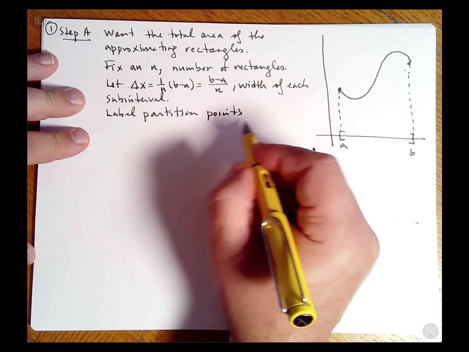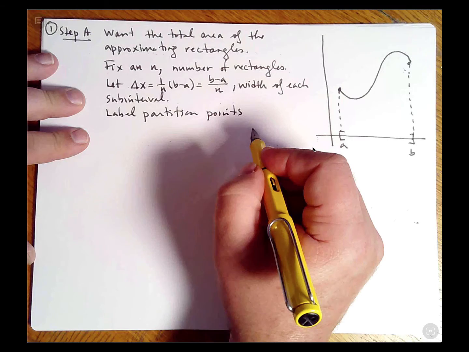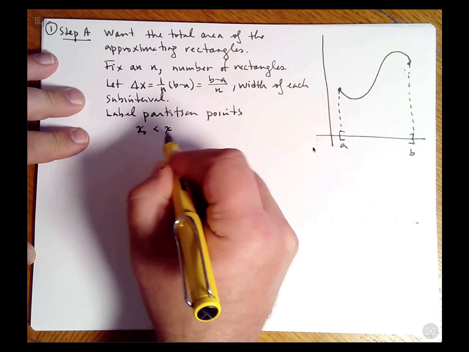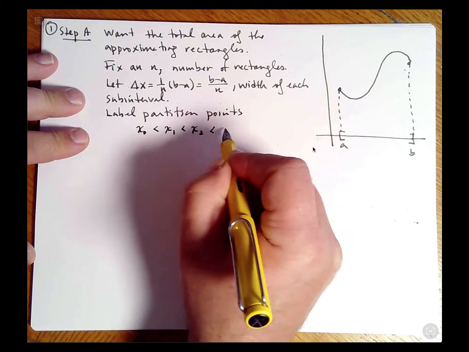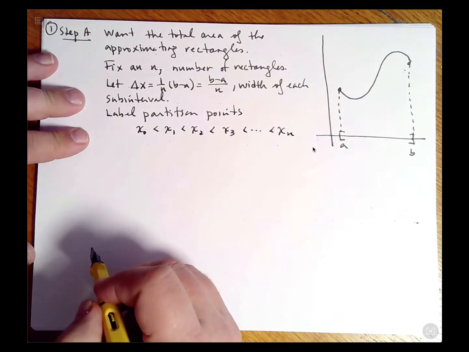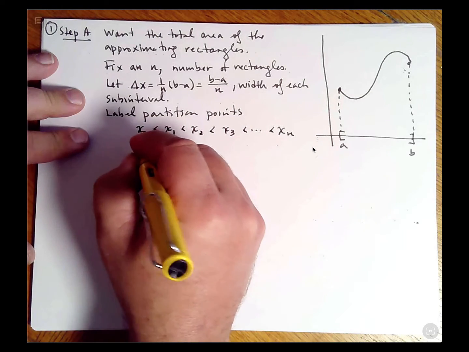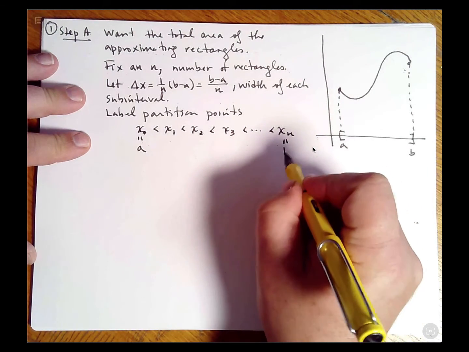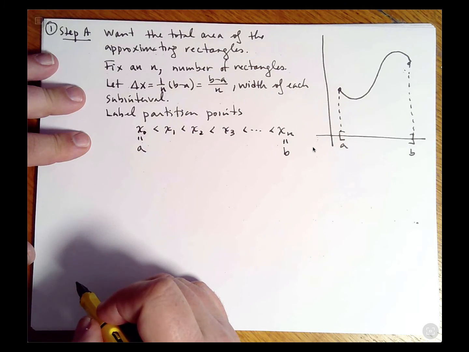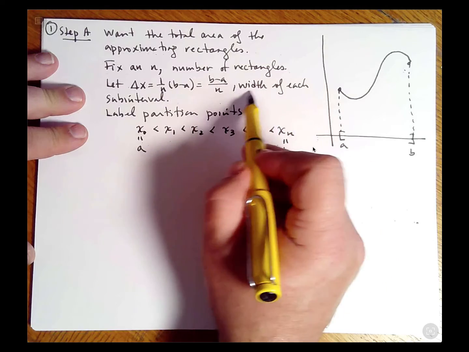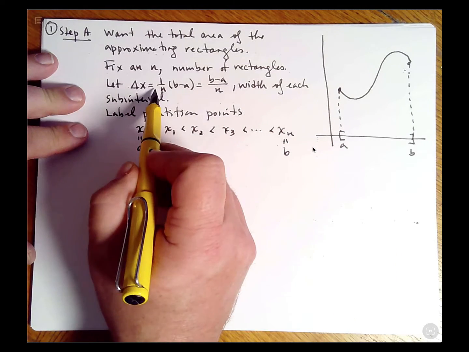And I'm going to label the partition points x0, x1, x2, x3, and so on up to xn. This first partition point is going to be my leftmost endpoint, and the last partition point is my rightmost endpoint. And the distance between each of these partition points, of course, is the width of each subinterval. It's delta x. Okay.